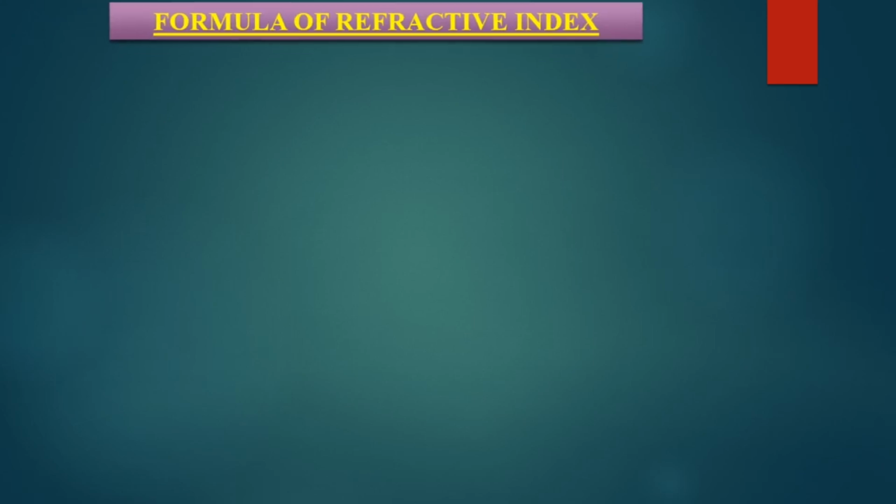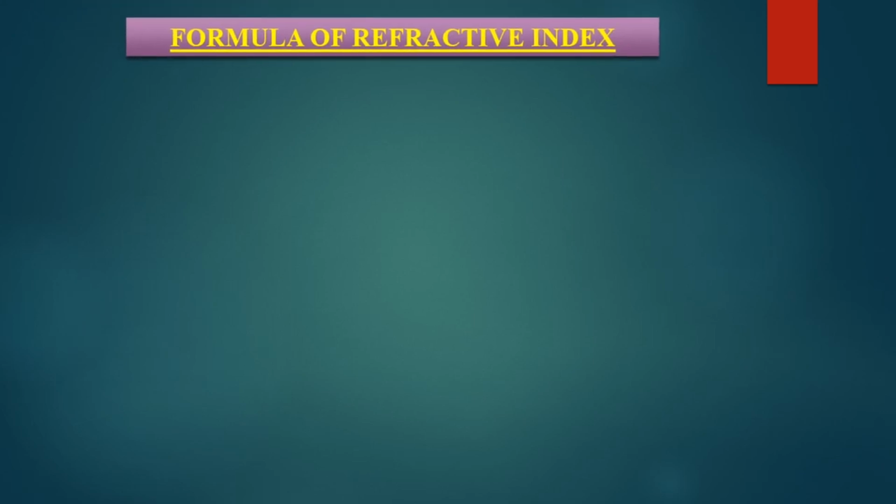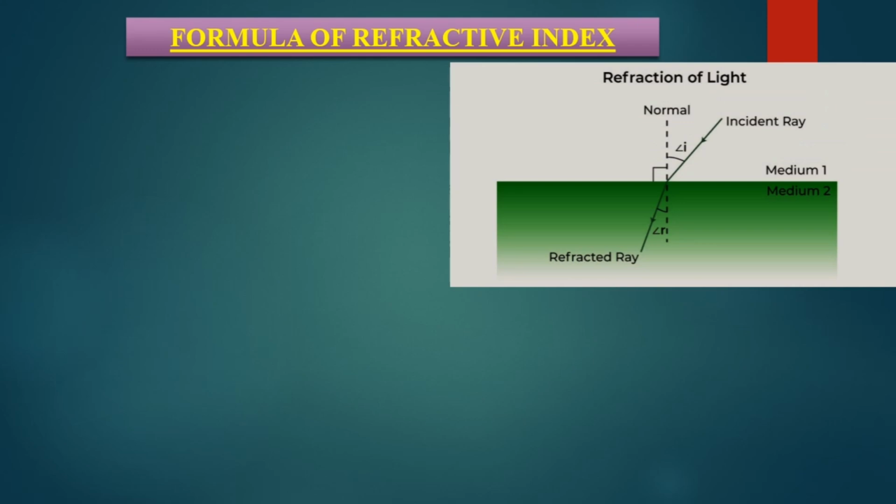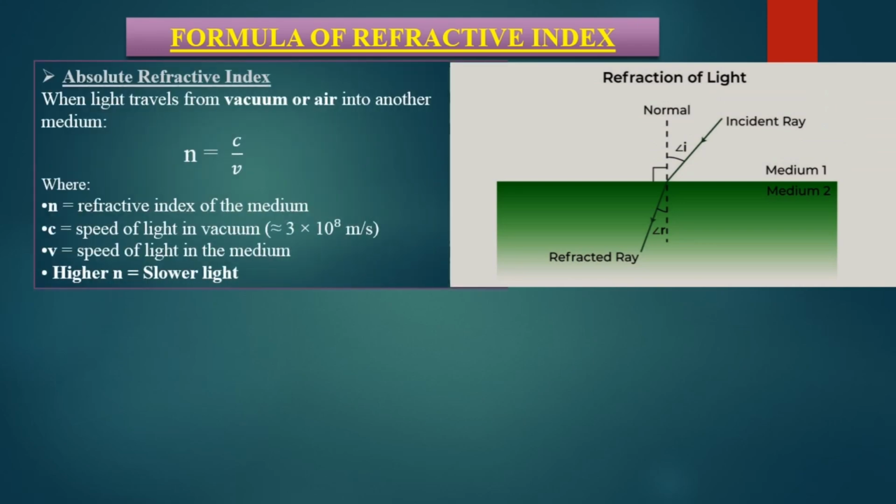Let's see some of the formulas for the refractive index. Absolute refractive index. This is used when light travels from vacuum or air into another medium like water, glass, etc. The formula is n = c / v, where n is the refractive index of the medium, c is the speed of light in vacuum, approximately 3 × 10^8 meters per second, and v is the speed of light in the medium.